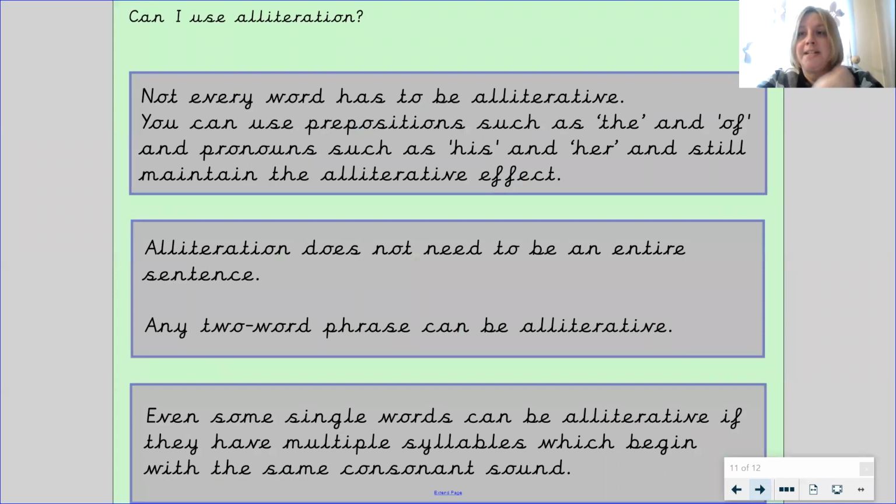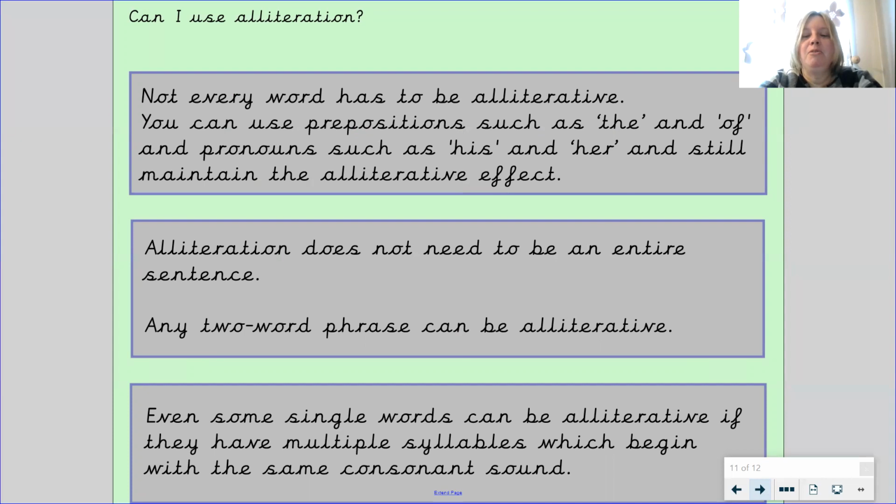Not every word has to be alliterative. You can use prepositions such as the, and, of, and pronouns such as his and her, and still maintain the alliterative effect. Alliteration does not need to be an entire sentence. Any two-word phrases can be alliterative.